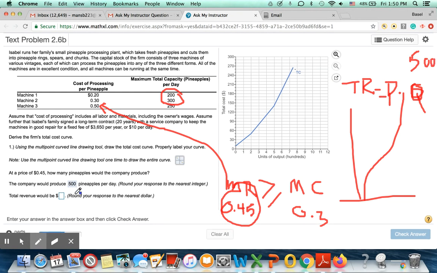And the price is 45 cents, 0.45. So you multiply these two numbers, and you get total revenue. So 500 multiplied by 45 cents, I got 225.